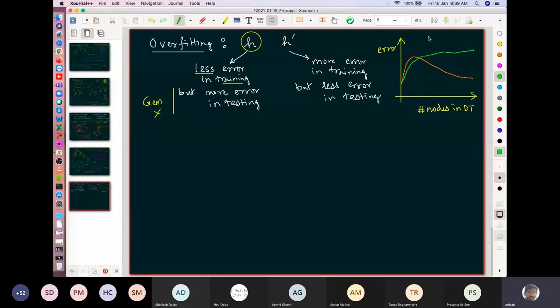So somewhere down the line we need to stop, and we call this gap our generalization error. So this is your training data and this is your test data performance. This is a very common phenomenon that we find, which we call overfitting.